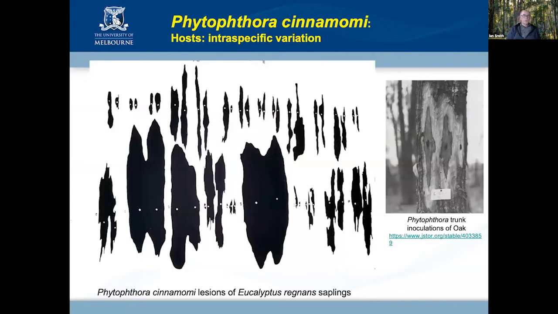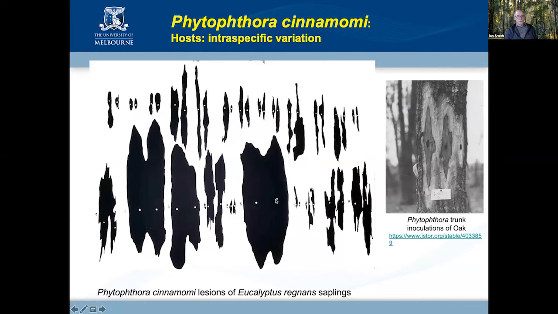Just to come back to the inter-specific variation. As I say, this was done with Regnans seedlings, or Regnans saplings actually, and we inoculated a whole heap of them to see what sort of variation in resistance there was in the population. And you can see here, it varied from very large lesions. Each one of these is an individual tree. This is what they call a control, where you put a plug of agar into the trunk of the tree without any Phytophthora.